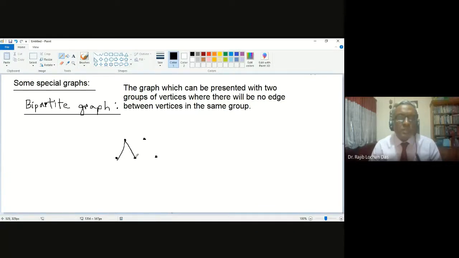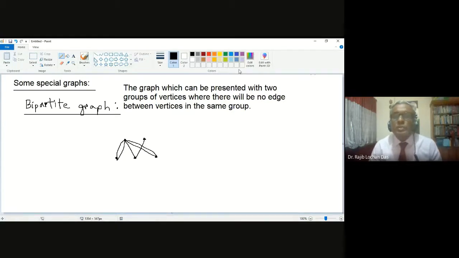There may be connection with different group vertex, but not same group vertex. So you may have one connection, you may have two connections, no problem. You may have one or more connections between the vertices in two groups, but there will be no connection in the same group.